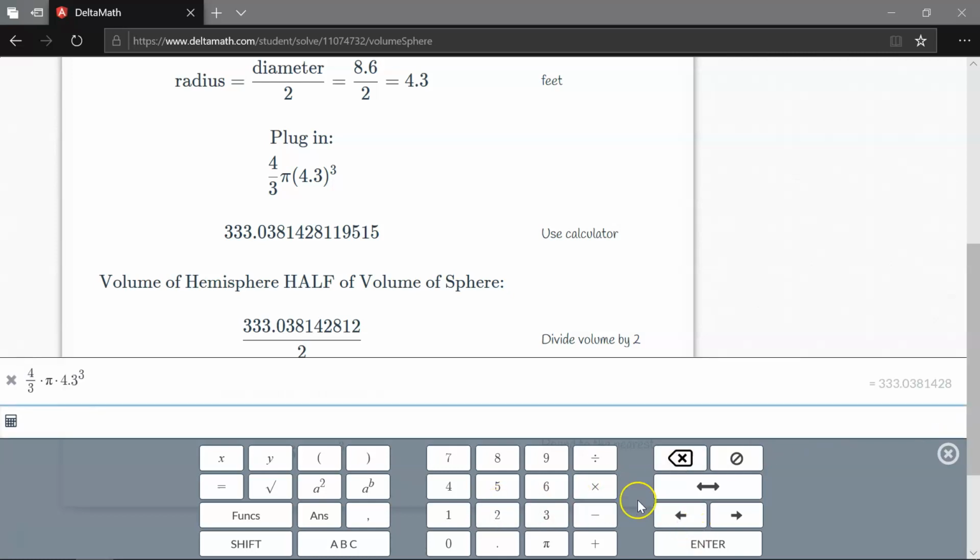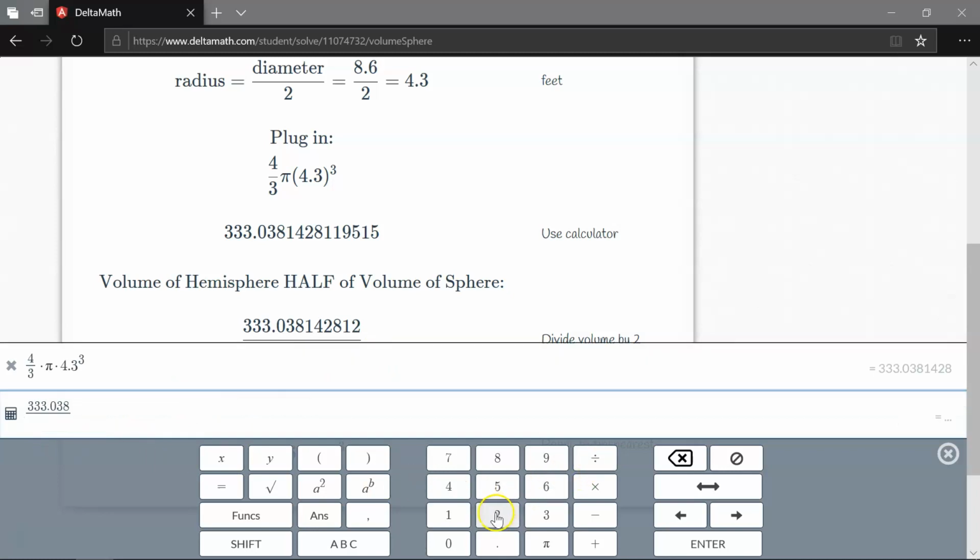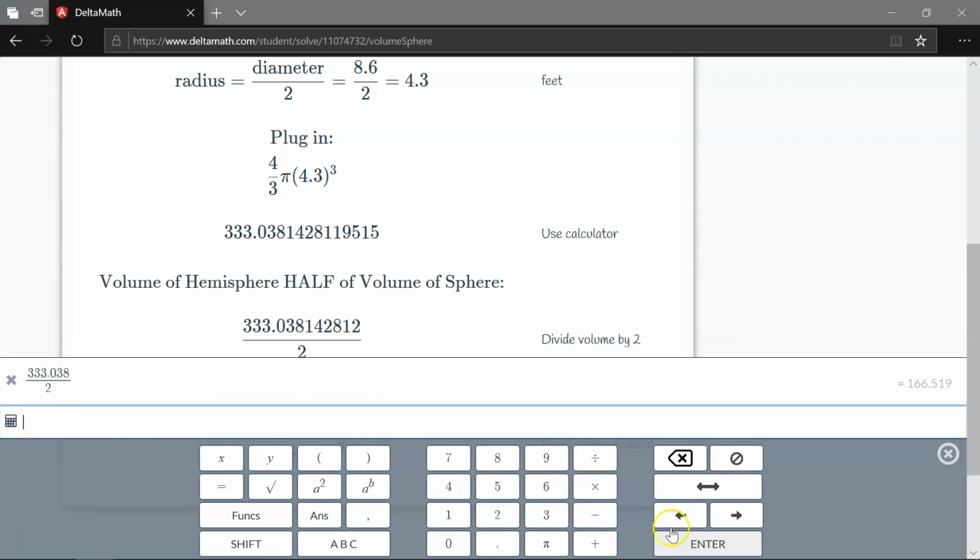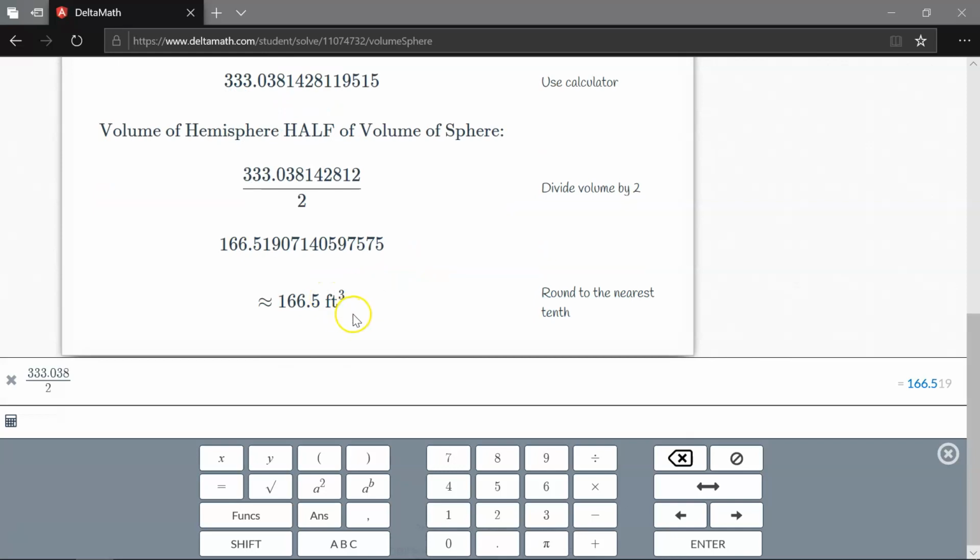I get a new line by pressing enter. 333.038. You don't have to do all these digits, just a few digits is fine. Divided by 2, enter. And it gives me a total of 166.5. And I can see that that is my final answer that I would put into Delta Math.